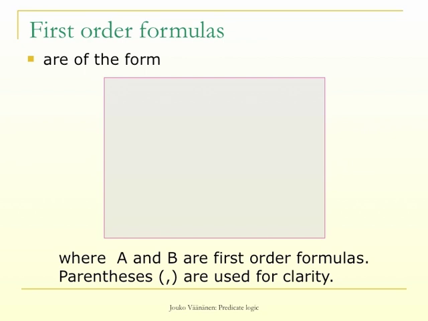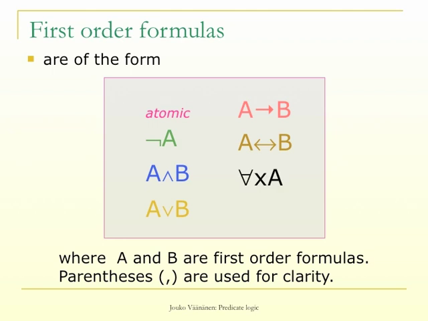Thus, first-order formulas are of the form: atomic, that is, x equals y or Pn(x) or R(x,y); negation; conjunction; disjunction; implication; equivalence; universally quantified formula; or existentially quantified formula, where A and B are first-order formulas. Parentheses are used just as in propositional logic, for clarity.